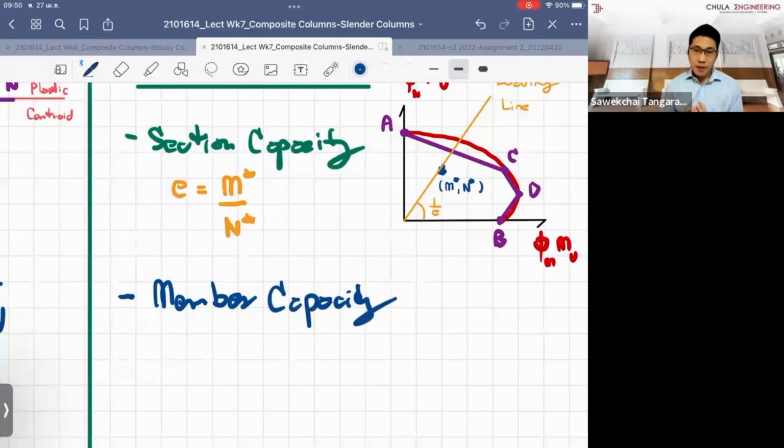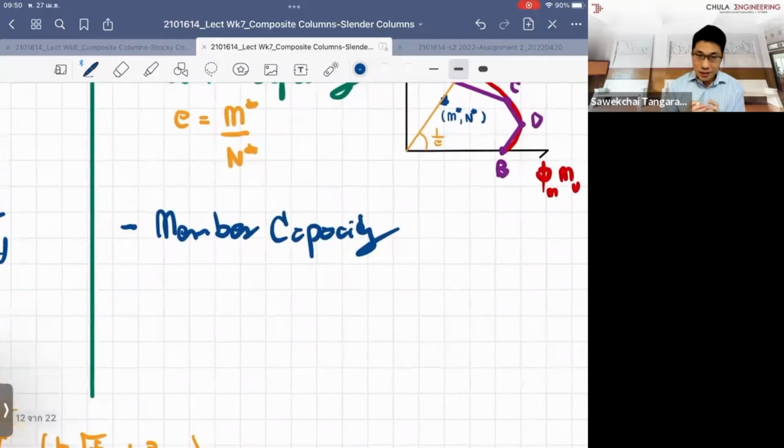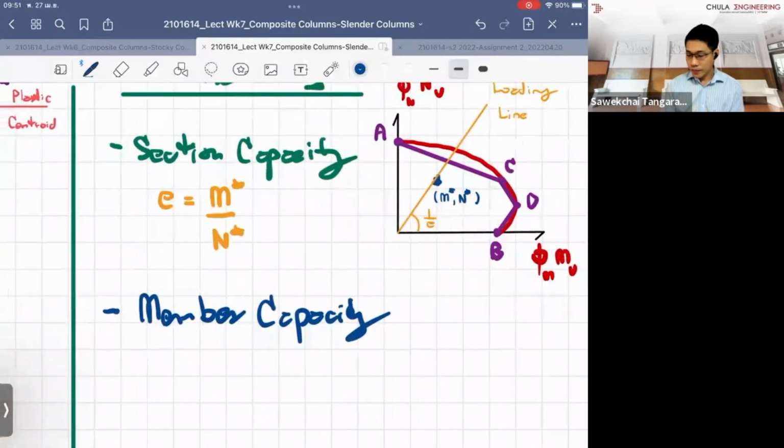When we talk about the member capacity, if you recall when you did the design in concrete and in steel, they try to reduce the capacity, which is the envelope here, by some fraction.